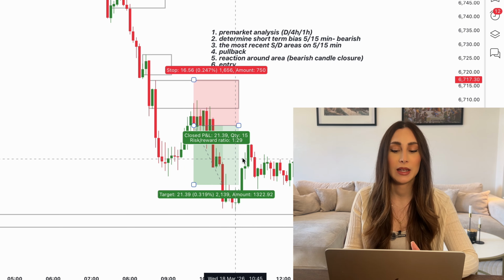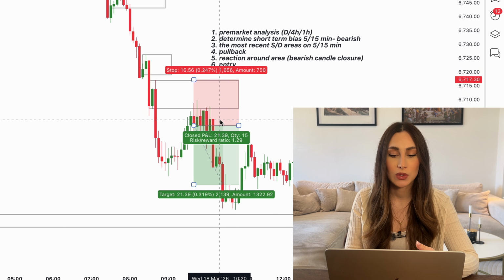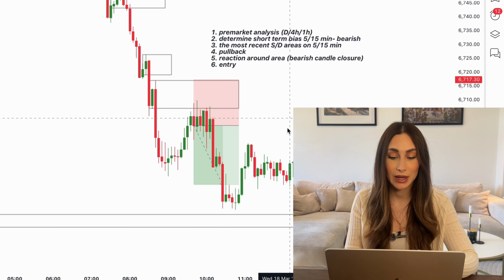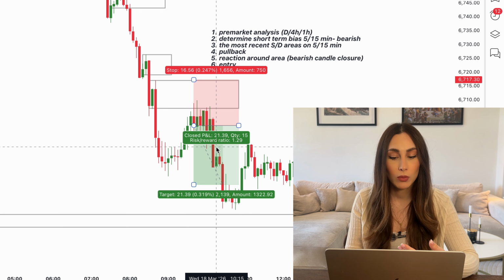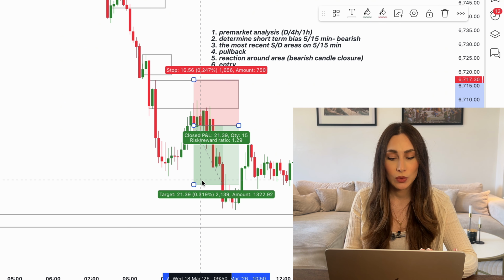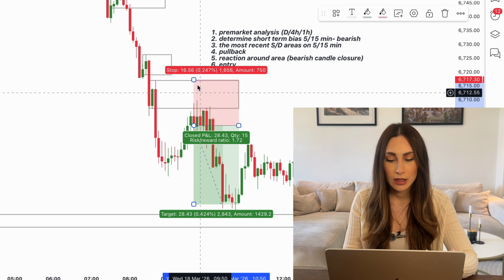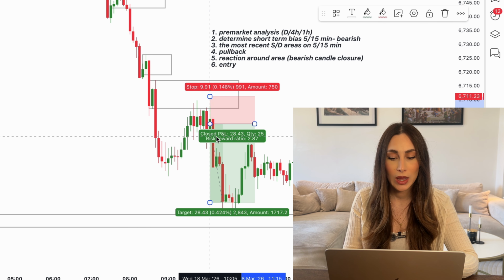You want to stay in this trade for as long as it stays below this gray box, below your supply area, okay? So as you can see, I was sitting through this trade for almost 30 minutes and it rewarded me with 1 to 2. This is actually where I exited. I also trailed my stop loss when I saw this break of structure.